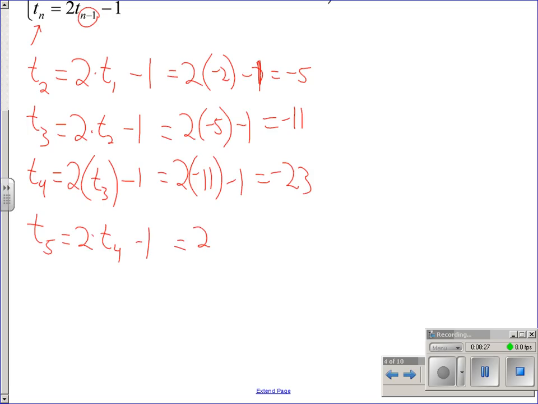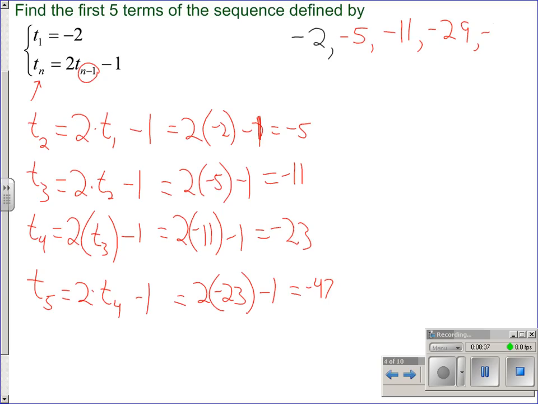So we got 2 times negative 23 minus 1. Negative 46 minus 1 is negative 47. There's our first 5 terms. But that's the idea of a recursive formula. You're using the previous term or terms to get to the next term.